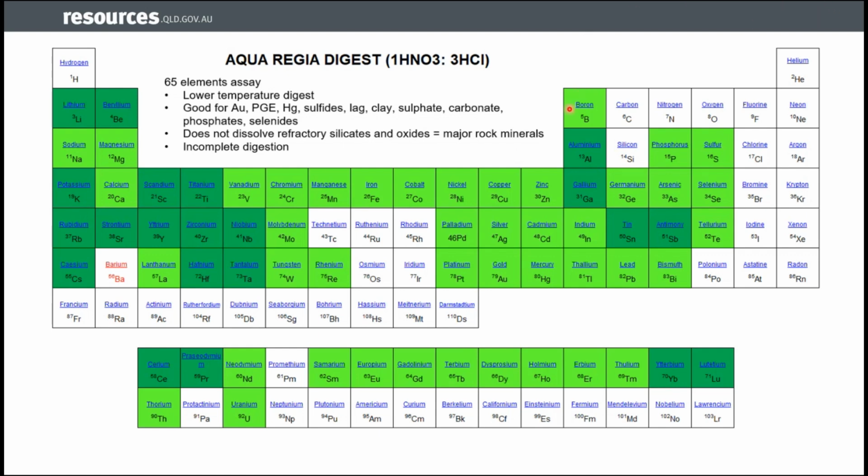It's good for gold, silver, the precious metals, sulfides, carbonates, phosphates, selenites, etc. But when you come to things that are embedded or trapped inside silicates or oxides, it's not able to dissolve them. And so it's basically considered an incomplete digestion. It's really good for all material where you want to know just what's extracted from your ore.